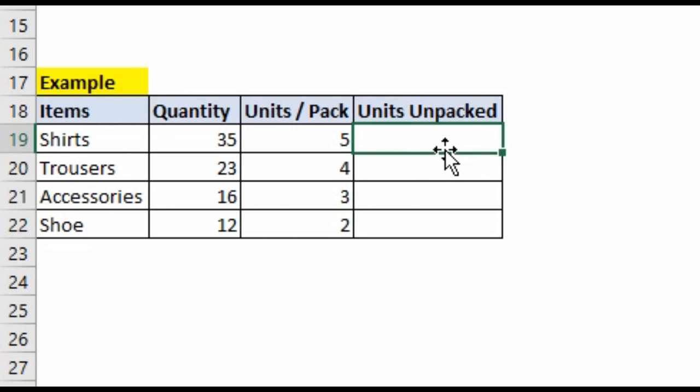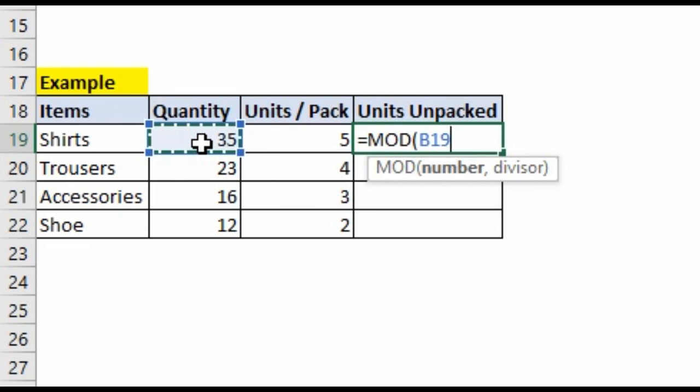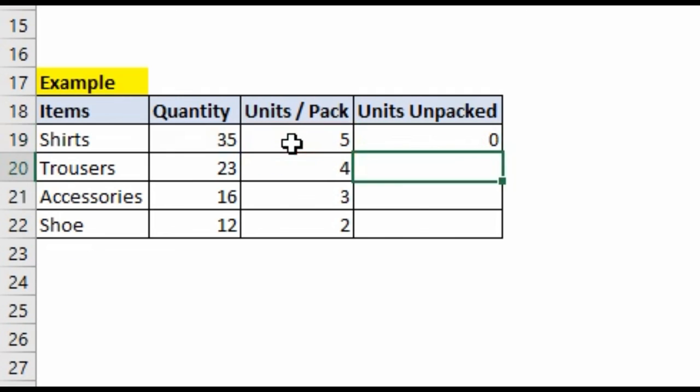With the use of the MOD function, we will know whether the chosen units will suffice for all of our packing items and there will be no leftovers. Simply type equal to MOD, choose the quantity, which is our dividend, comma, choose the units per pack, which is the divisor, and press enter. If we get 0 as our result, we can say that there won't be any leftover or unpacked items.